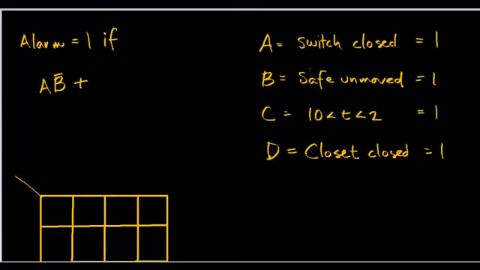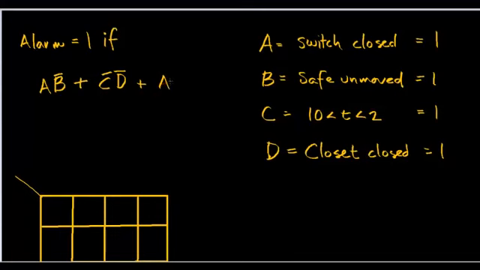So that would be closet open, that would be not D, and it's not banking hours. So that would be when this statement is not true. So that would be not C, not D. And then finally it says or when the closet is opened, so that would be not A, and the control switch, oops, got that wrong.